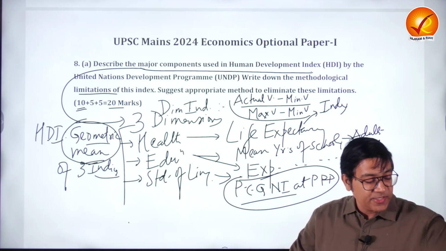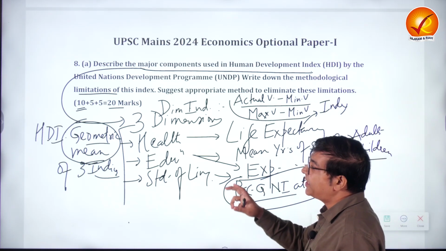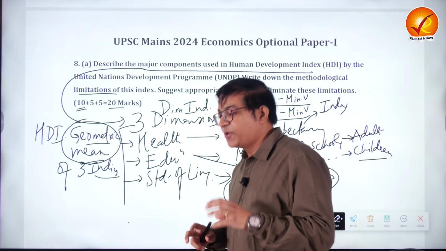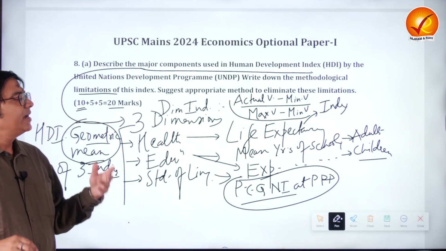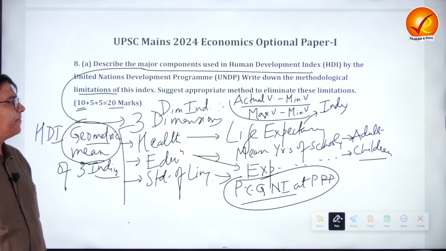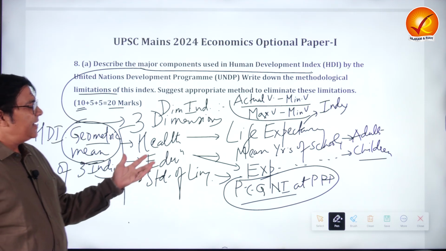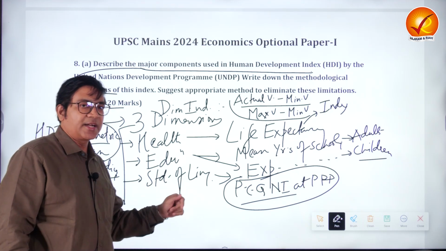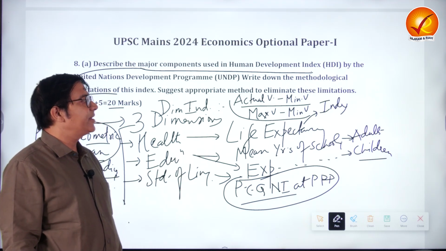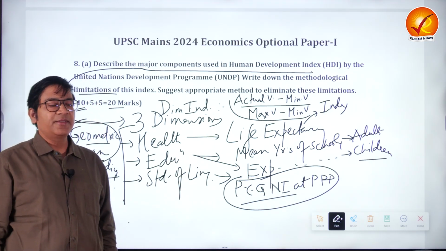It was a methodological improvement in the sense that arithmetic mean is more influenced by extreme values, which geometric mean is not. Yet you can give a number of problems, like it is not very fair to compare health with education with standard of living. That is a common problem in almost all indices like HDI.